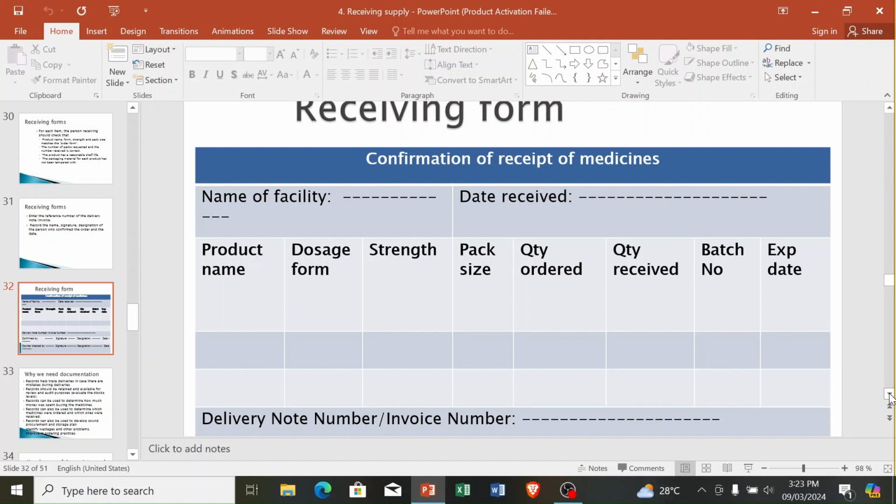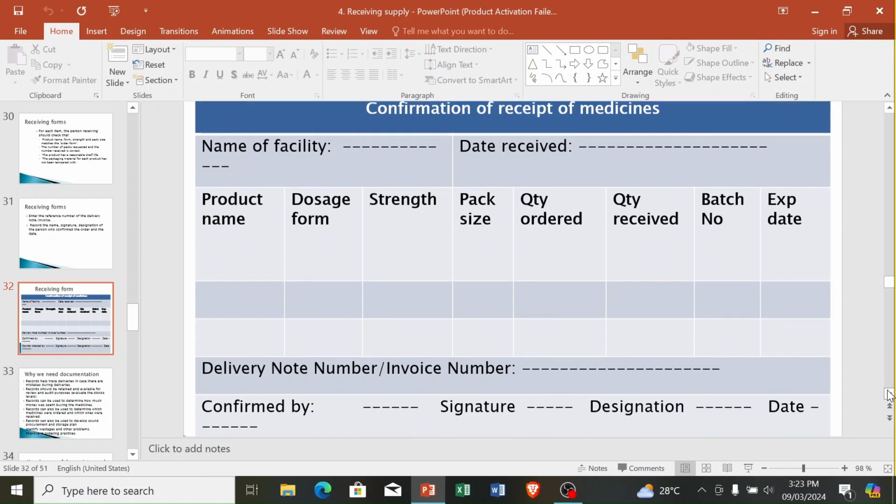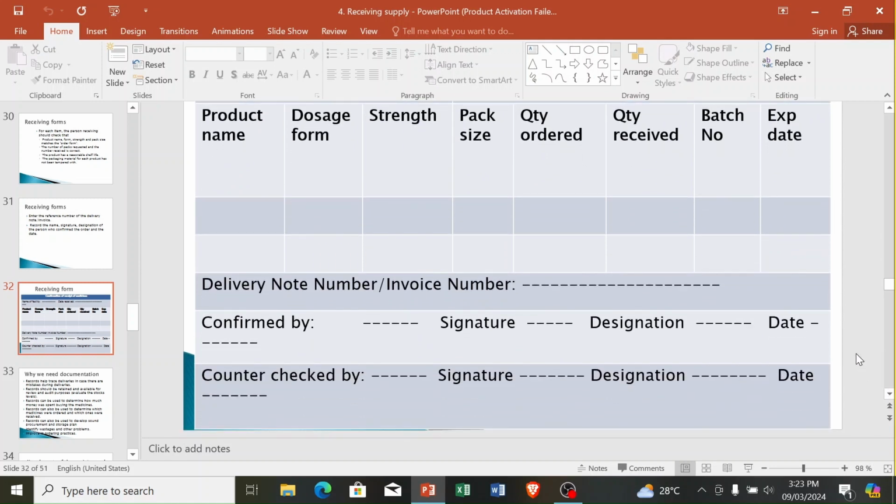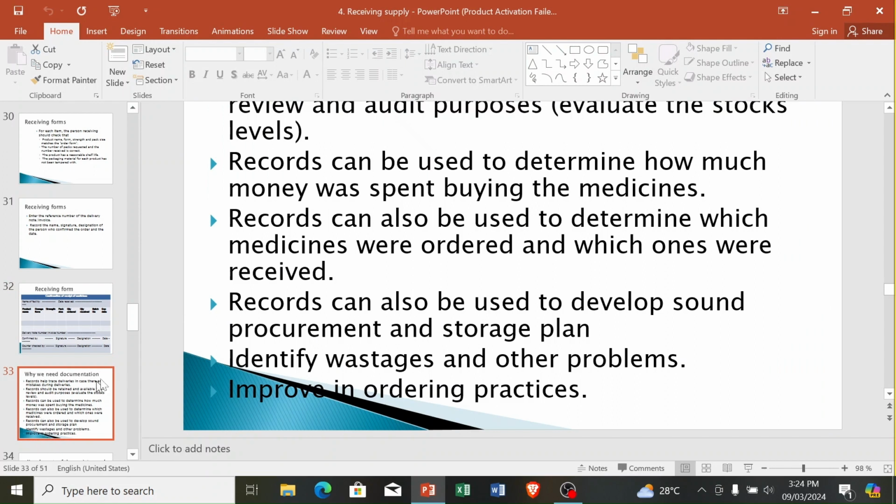And then after you've listed all that, you put the delivery note number, the invoice number, then who confirmed it, and then sign, designation and the date, and then counter checked by signature, and then okay.